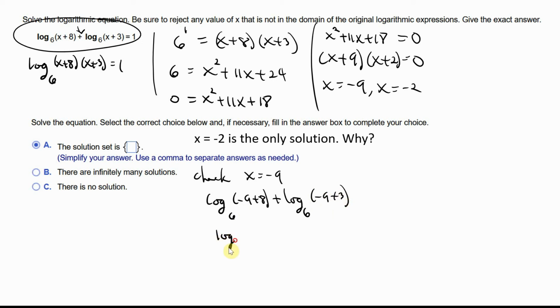This gives me log base 6 of -1 plus log base 6 of -6. Cannot take the log or the natural log of a negative number. The value here has to be greater than 0. Here we get negative numbers, right?